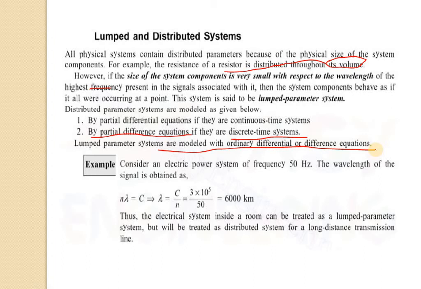Thus, the electrical system inside a room can be treated as a lumped parameter system, but it will be treated as a distributed system for a long distance transmission line.